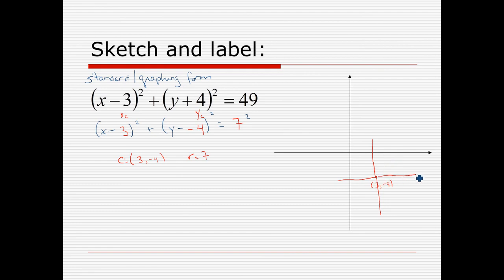If you go 7 units to the right, the y coordinate does not change. You take the 3 and you add 7. Oh shift. So you get 10, negative 4. Then you take the center and you subtract 7 to go left. And you get negative 4, comma, negative 4.